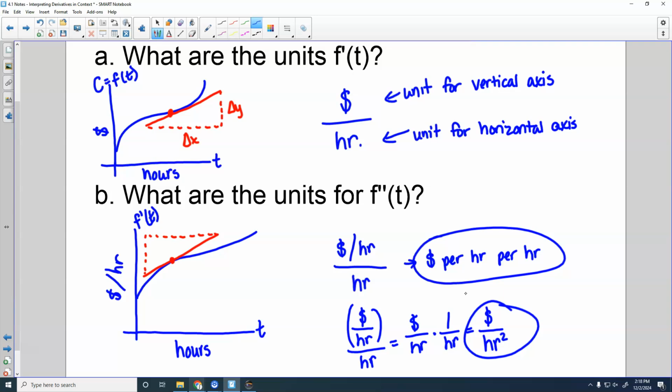Yes? So would that be like giving you the acceleration of the ball? It's like the acceleration, yes. So it's telling you how quickly your rate of change is changing. It's the rate of change of the rate of change there. So if you have like a positive rate of change and then also a positive second derivative, it's telling you that not only are you increasing, but you're increasing more and more and more quickly.